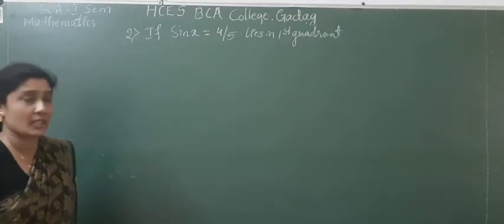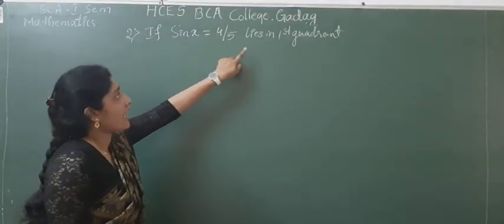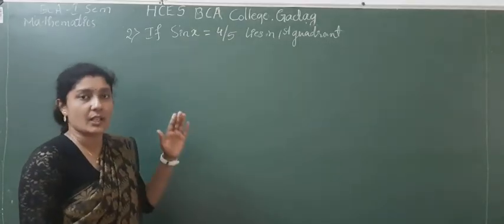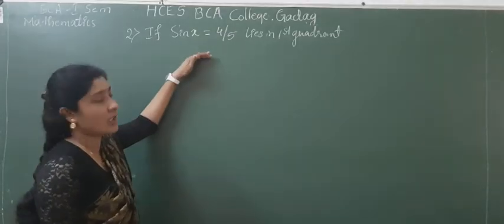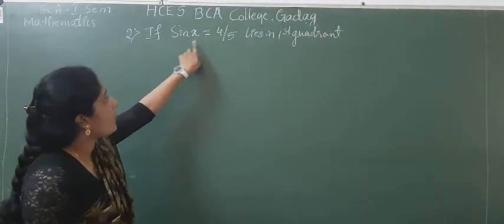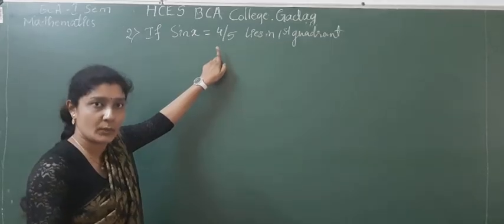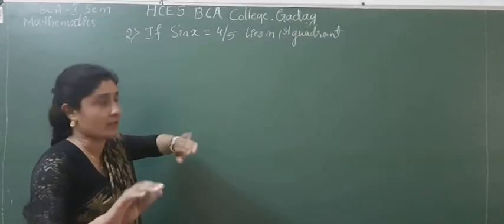So now the second question is, if sin x equal to 4 by 5 lies in the first quadrant, then find the values of all the remaining trigonometric ratios. So, first quadrant, as we know, means all the ratios are positive. So, there is no ratio which is negative here.